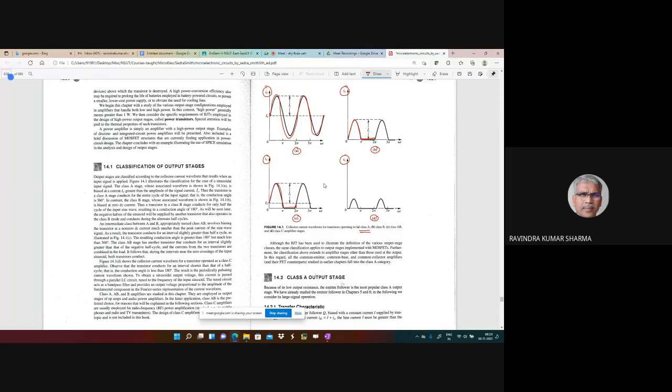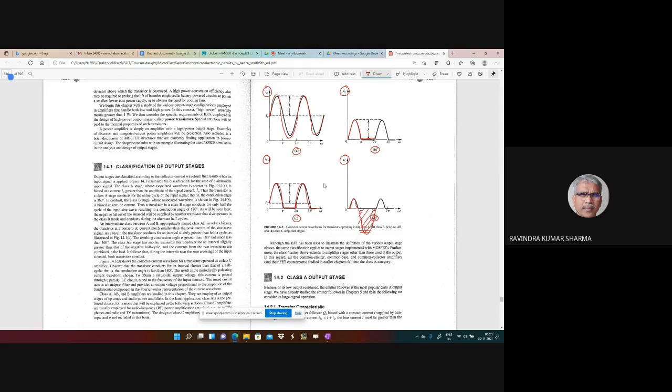So slightly more than half. This is called class AB amplifier. In class C amplifier, current flows only for part of the positive half. और जो maximum part है उसके लिए नहीं flow करती है. Here current is not flowing. So you have these four classes.